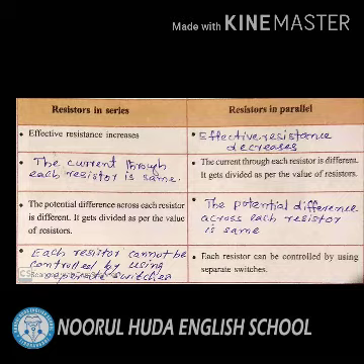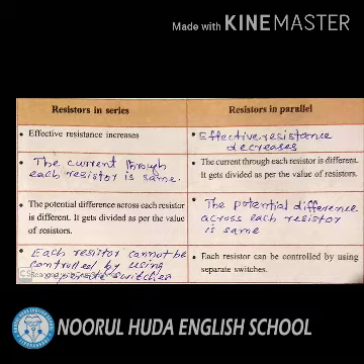When resistors are connected in series, the effective resistance increases. In parallel connection, the effective resistance decreases. Then the current through each resistor is the same in series connection. In parallel connection, the current through each resistor is different. It also gets divided as per the value of the resistors.